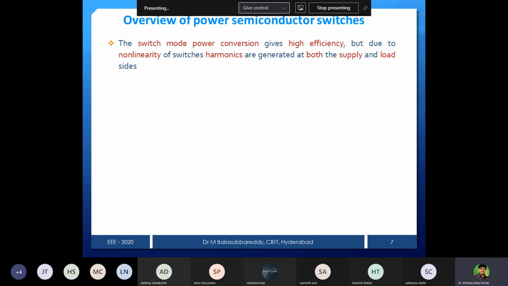Suppose you are operating very lagging loads or low power factor operations. If you do, they have to compensate in the dispatch center. For that, they will charge more. Instead of kilowatt hour billing, if they use KVA billing, then kVA times power factor will give the kilowatt. If the power factor is 1, kVA and kilowatt are the same.